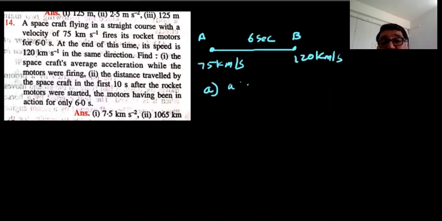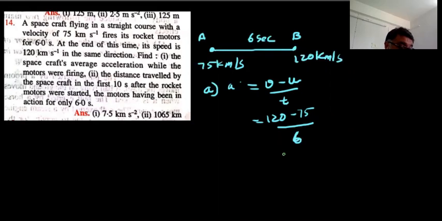Now we know the formula: acceleration equals (V minus U) upon T. So 120 final velocity minus 75, the initial velocity, divided by the time, which is 6 seconds. 120 minus 75 is equal to 45, divided by 6, which is equal to 7.5 kilometers per second square.